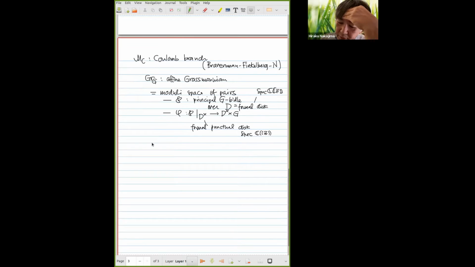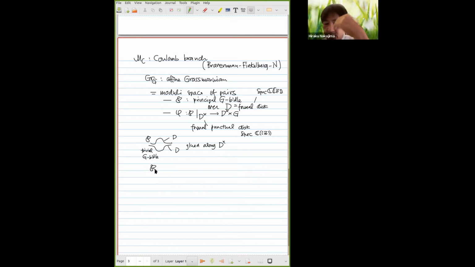People draw this picture: two very small disks glued along the punctured disk, with a principal bundle P over the upper disk and a trivial G bundle over the lower disk, glued along D times. So the affine Grassmannian is this kind of object.